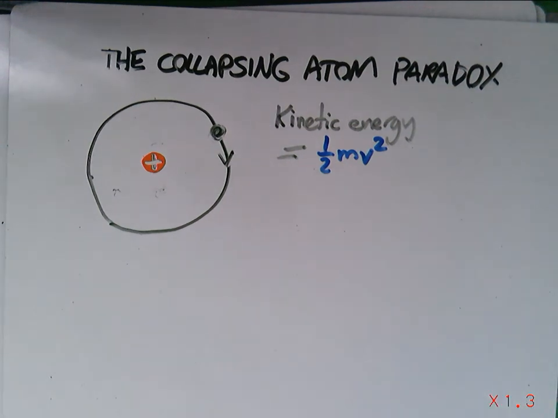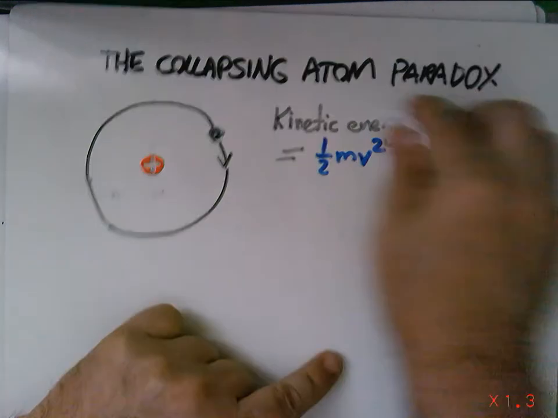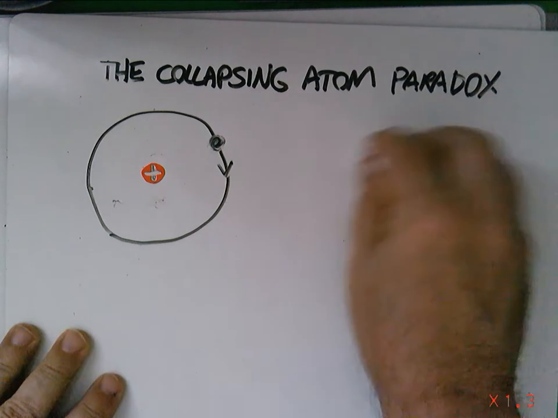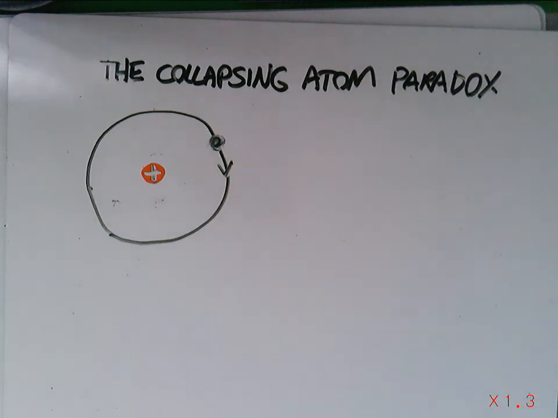It would not be able to resist the pull of the nucleus so well, and it would fall into the nucleus. So, we can't have anything that is going to reduce its energy because that would cause it to fall into the nucleus. But unfortunately, that's exactly what we think should happen, according to what we've said.